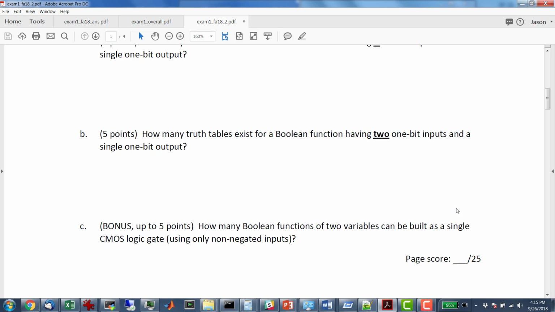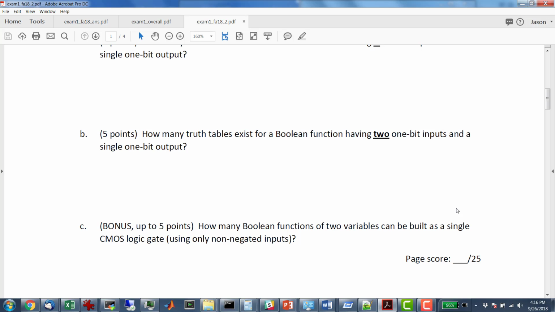And then those split off and they go to a pull-up network and a pull-down network. And then these give you the output. The pull-up network is responsible for setting the gate's output to 1, pulls up to VDD. And the pull-down network is responsible for setting the gate's output to 0, right?